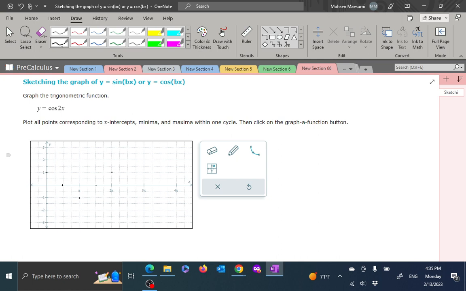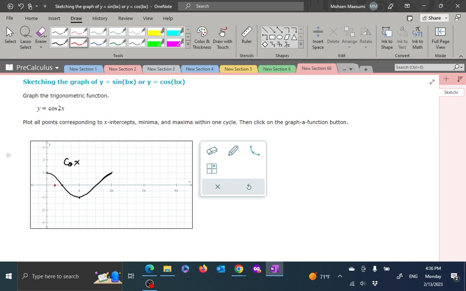okay, something like this. This would have been cosine of x. But that's not what I want. I want cosine of 2x. Cosine of 2x means everything's going to happen twice as fast. So this point is going to become half of what it was.